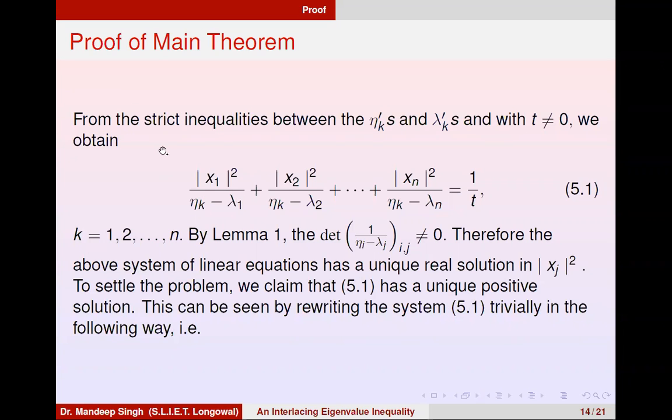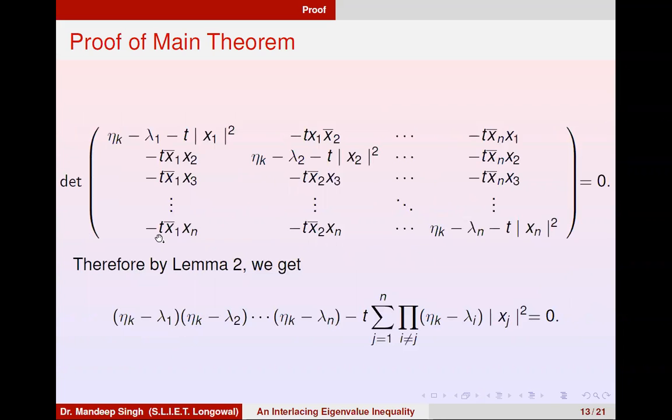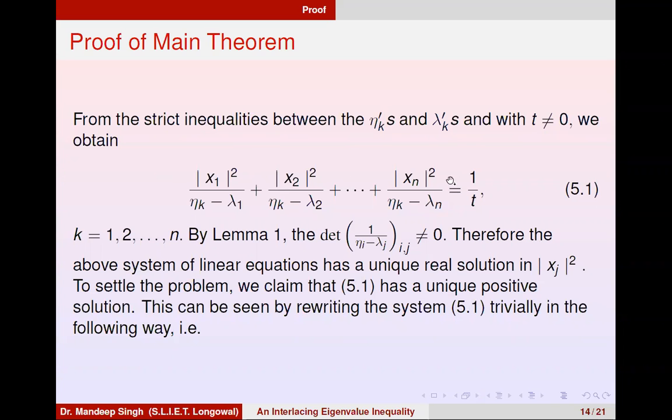So this determinant 0 means we have this expression for all k from 1 to n. And this system of equations would have a non-trivial solution only if the determinant of this coefficient matrix is non-zero. This system can also be written like this.